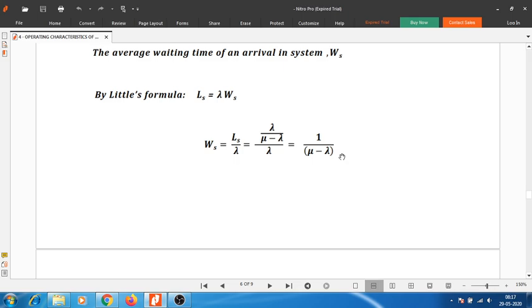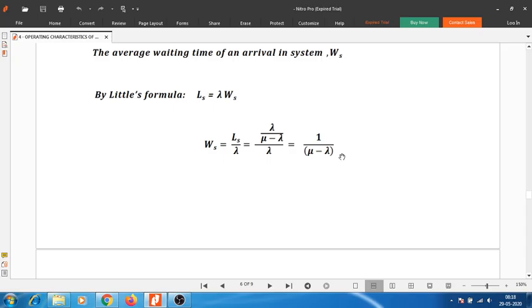So the operating characteristics of the queuing model we derived are five to six points. One is the probability of the queue size being greater than n. The second is the expected number of customers in the system. The third is the expected number of customers in the queue. The fourth is the waiting time distribution.